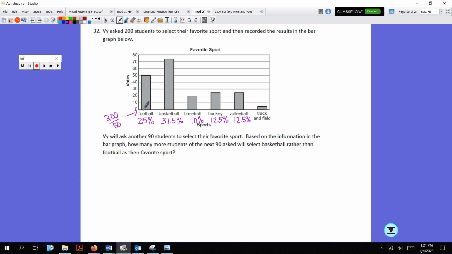So 5 divided by 200. Oh my gosh, I have my fraction messed up. It is 5 divided by 200. And then whatever that result is, you multiply by 100. That's what gives you the percent. So that is 2.5%.